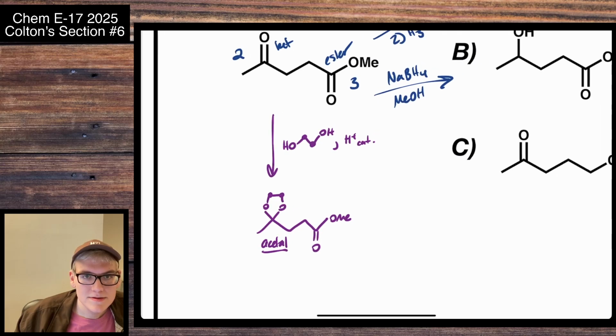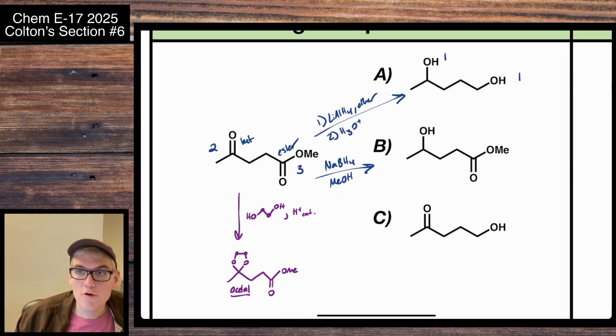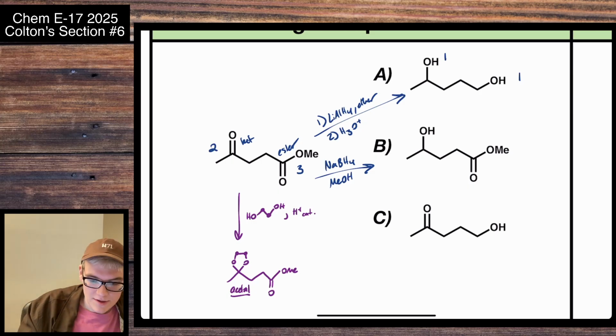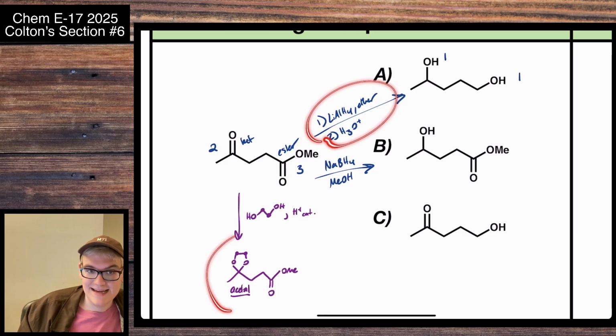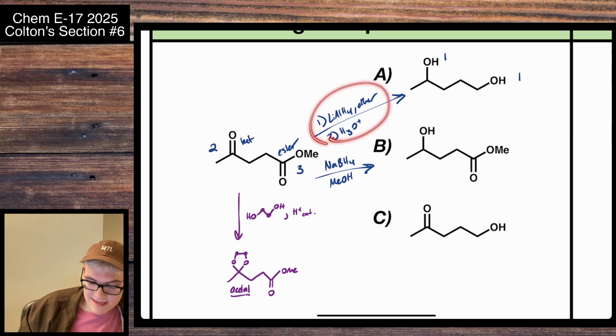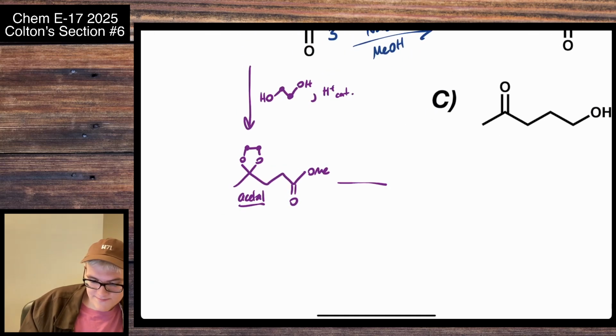Now, acetals are really not very reactive at all, especially under non-aqueous conditions. So, does lithium aluminum hydride react with an acetal? No, it doesn't. It only would react with the ester at this point. So now we can do our lithium aluminum hydride with ether and then H3O plus.